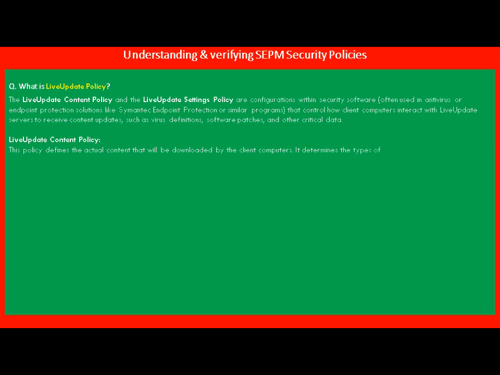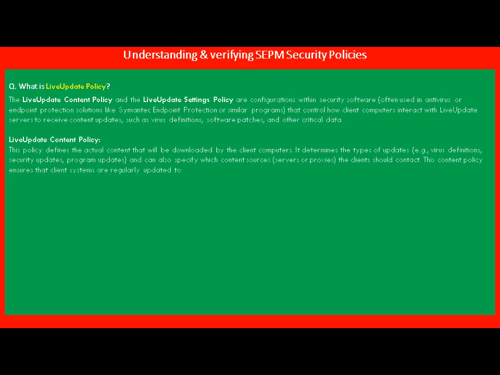It determines the types of updates, like virus definitions, security updates, program updates, and can also specify which content sources, servers or proxies the client should contact. So this content policy ensures that client systems are regularly updated to protect against the latest security threats.